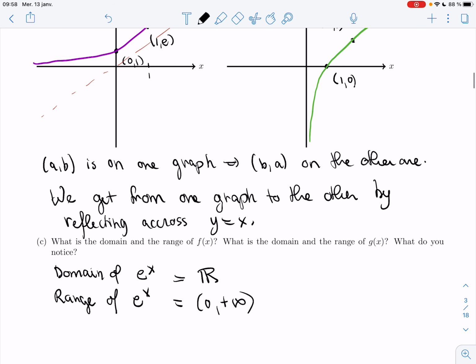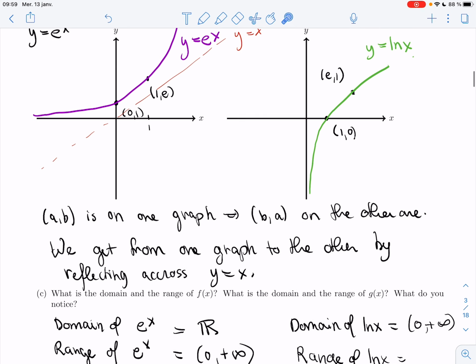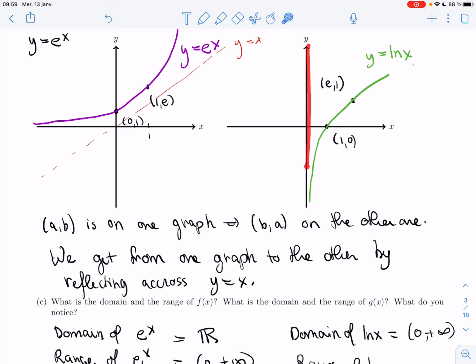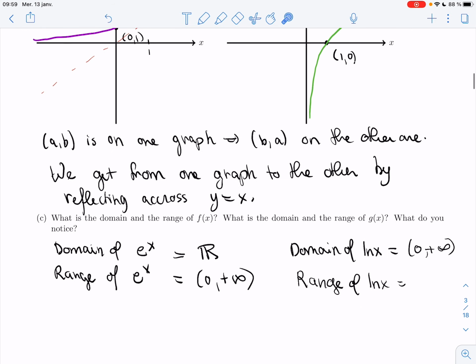All right, so the domain of ln of x is 0 to plus infinity, and the range of ln of x, those are the y values that the function attains. And if you notice, I can go negative, I can go positive, it keeps going, and so the range is R.